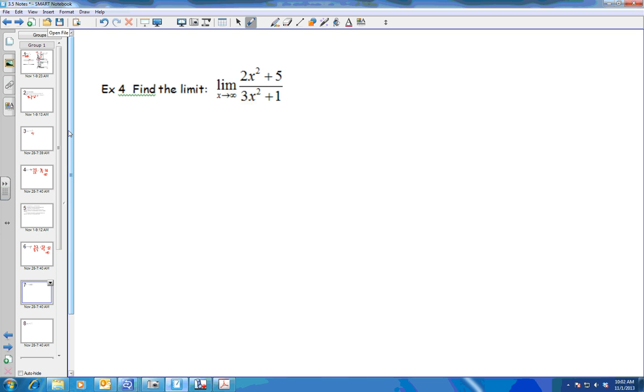Okay, so example 4, this time our largest exponent in the denominator is x squared. So that's what I'm going to divide each term by. So I have 2x squared over x squared plus 5 over x squared, over 3x squared over x squared plus 1 over x squared.